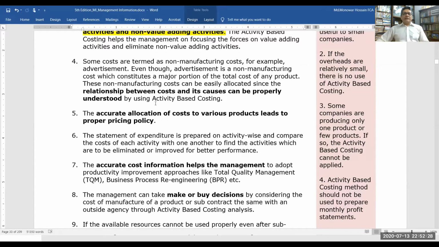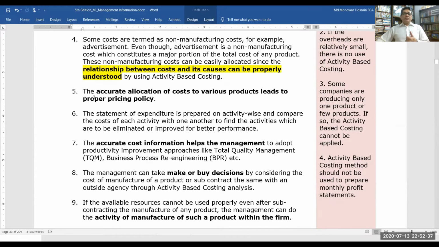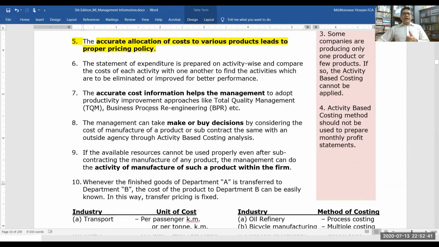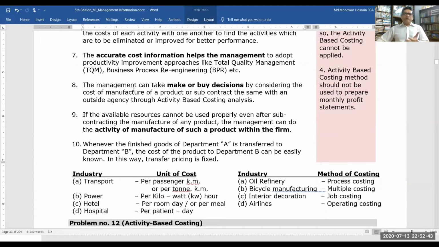And the relationship between cost and its cost driver can be properly understood through activity-based costing. Accurate allocation of the cost of various products, and accurate cost information, help management adopt productivity improvement approaches like TQM and business process reengineering.